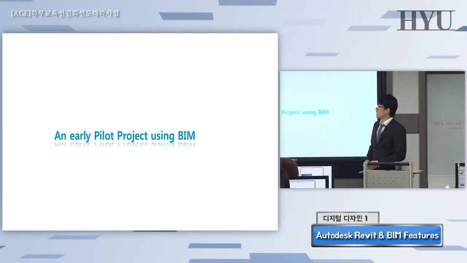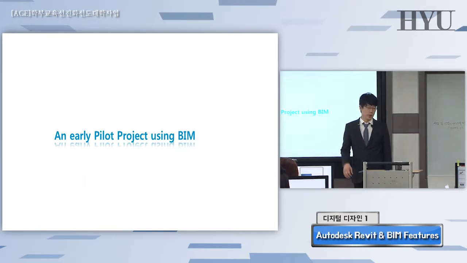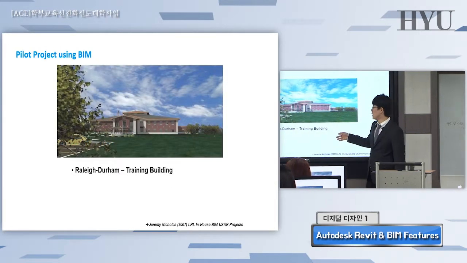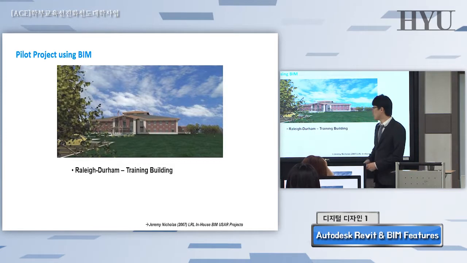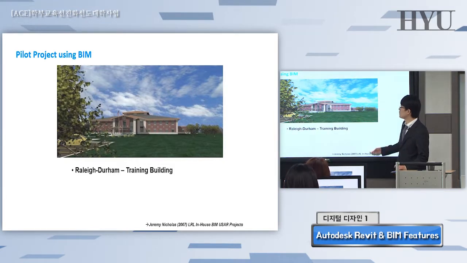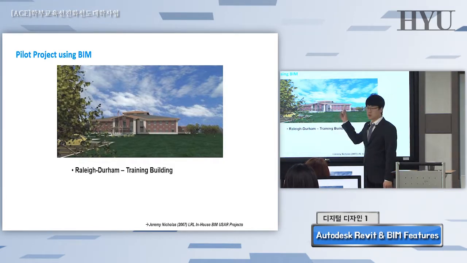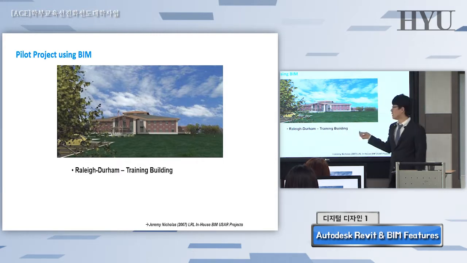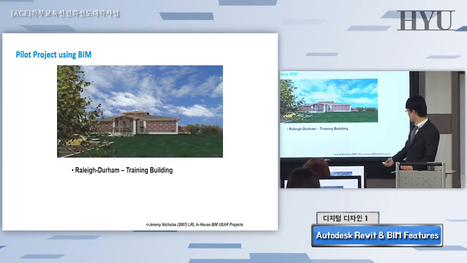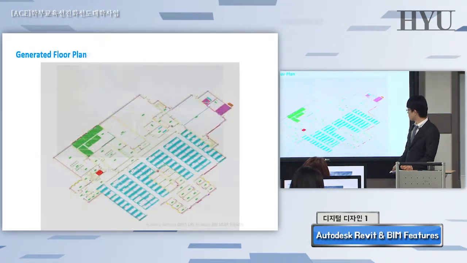Next is kind of Revit specific, focusing on building components. This is an early pilot project using BIM, using Revit. This is the Raleigh Durham training building, just a simple rectangular shape building in the US.